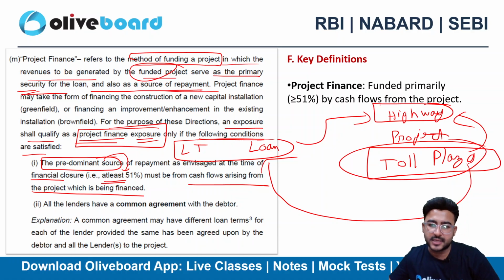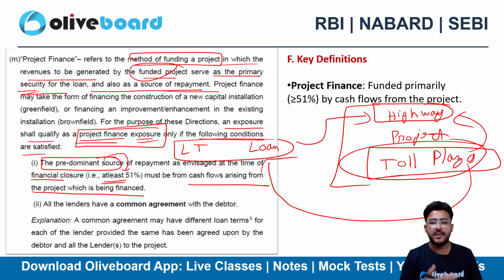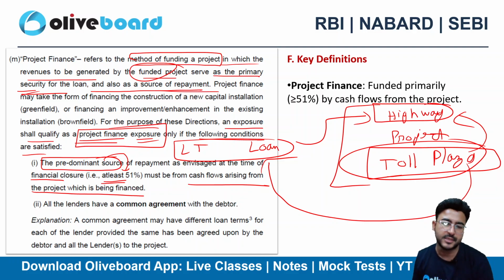So if more than 51% of my earning comes from this highway project, right, that will be called the predominant source of repayment. Obviously, I'm building a highway, so I'll do toll collection. If I am doing the toll collection, I'll be able to repay my loan back, right? So that earning should be at least 51% here.